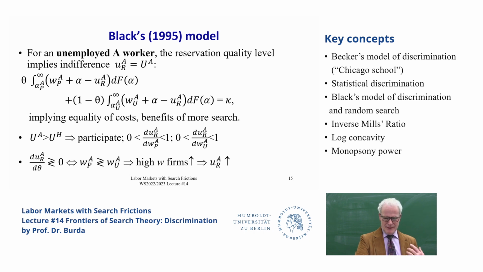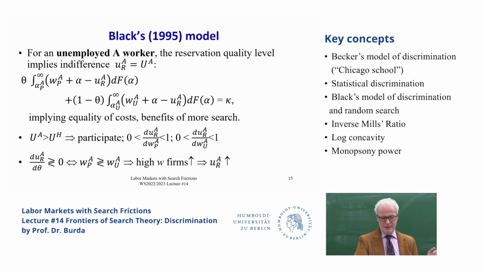It turns out that higher wage-paying firms will have a higher level of utility if and only if the wage offer that discriminating firms make exceeds the wage offer that the undiscriminating firms, or the non-prejudiced firms, make.